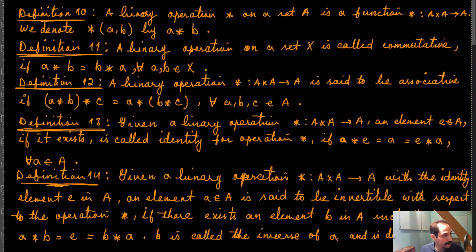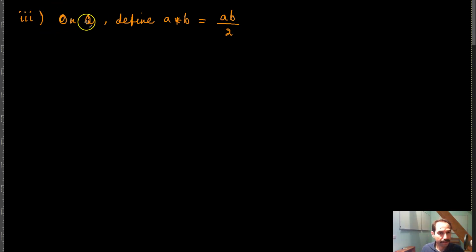Now that is another part of this question. So the next part of this question is part 3 of question number 2, which is on Q. On Q, define A star B is equal to A times B divided by 2.